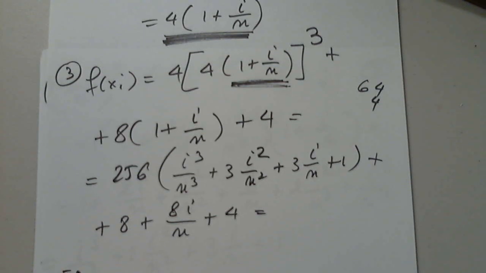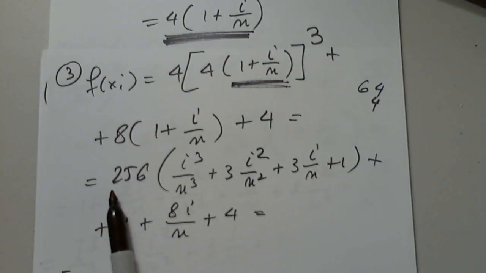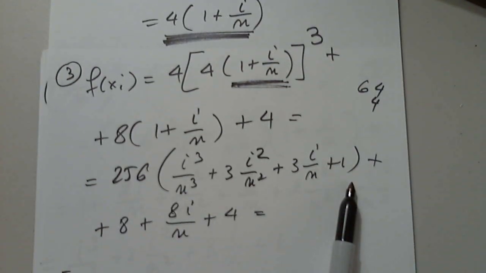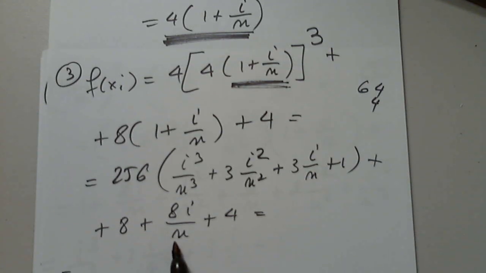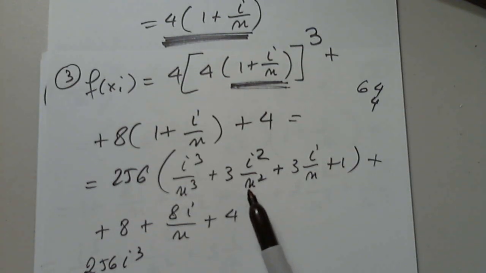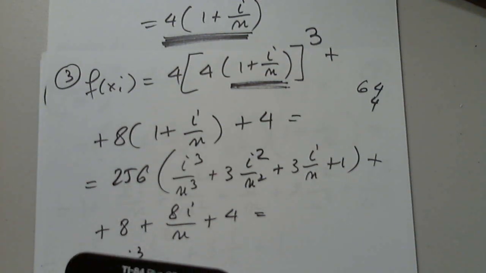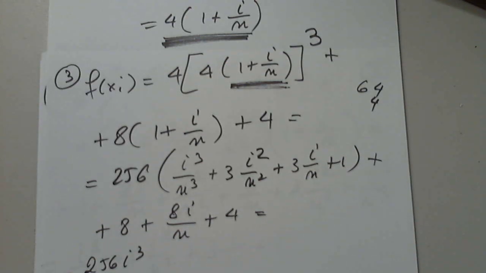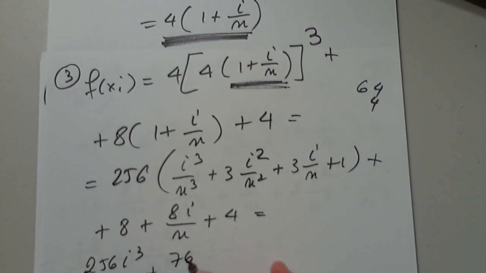And now I have to distribute 256 to these 3 terms and then combine like terms. So 256 i cubed over n cubed. It's the only term with i cubed. This is going to be the only term with i squared. So I will multiply 256 by 3 because I'm lazy. 768 i squared over n squared.